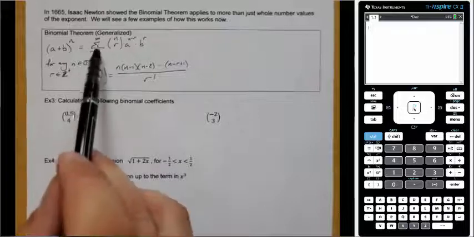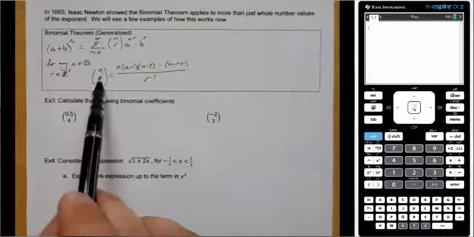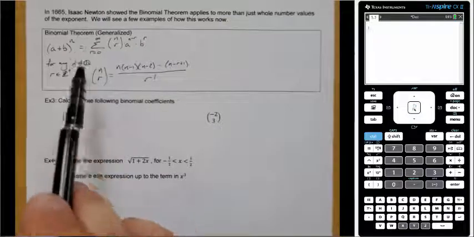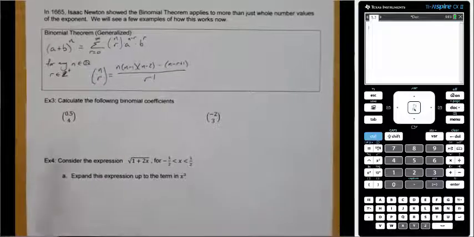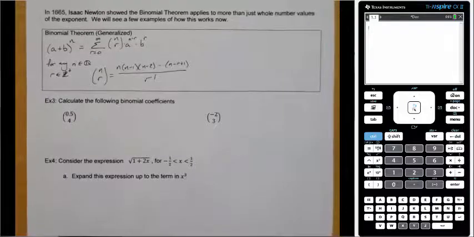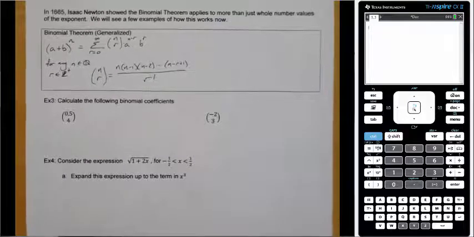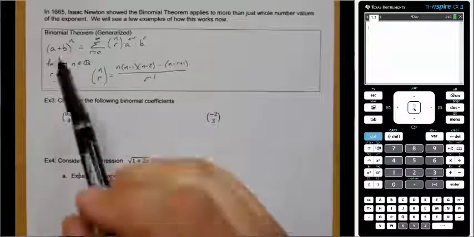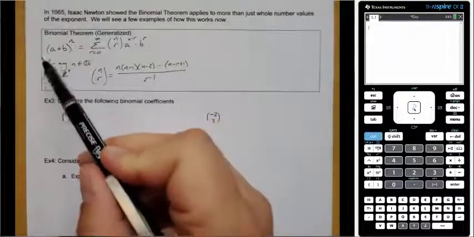So when r gets big enough, this infinite series ends up yielding a bunch of zeros at some point, if n is a positive integer, like the examples we had prior. So this formula still works for integers, but it's also a little bit more broad, and lets us deal with n being, say, 1/2, or like the square root of a plus b.